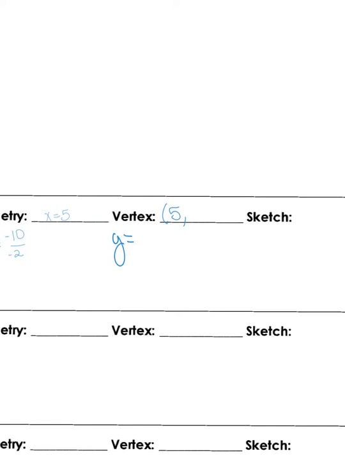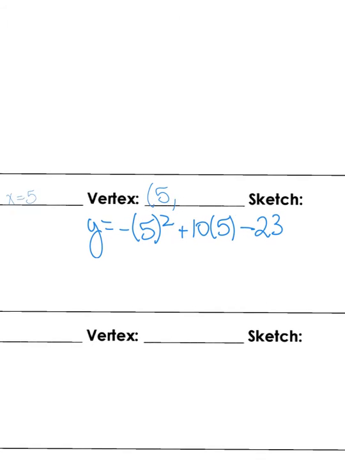So I've got y equals negative 5 squared, and then plus 10x, so plus 10 times 5, minus 23.